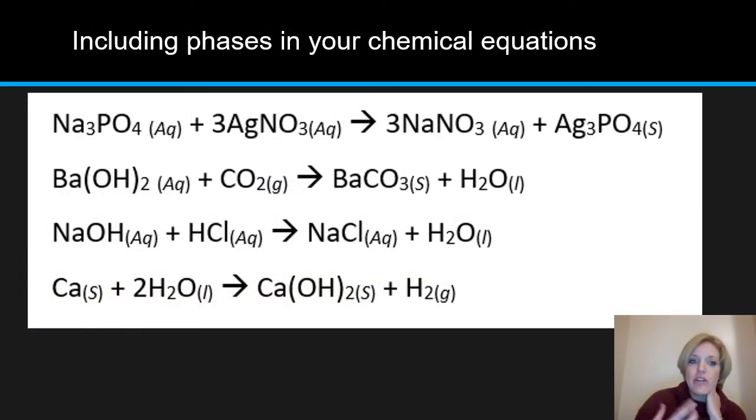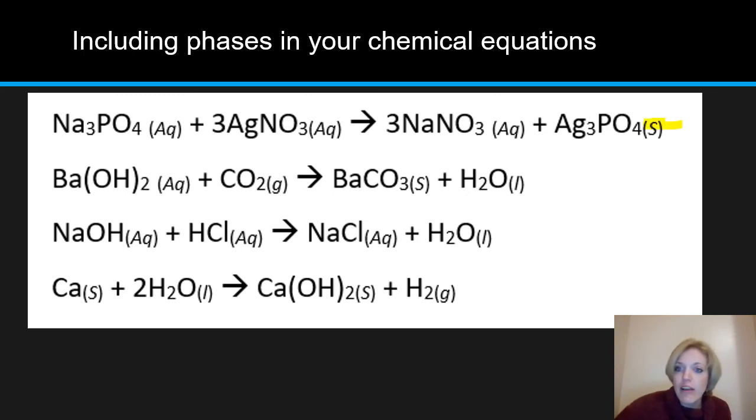Grade 10s, I want you to have a look at these 4 equations that we have in front of you right now. I want you to see if you can actually break this apart. Include the ions, include how it exchanges, identify the cations and the anions, identify what type of reaction it is if you can, and then take your highlighter or your colored pencils, whatever you are currently using, and just highlight the different phases.